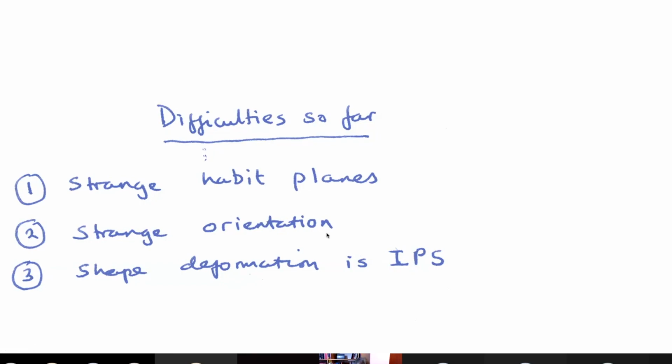You can measure a small angle between them, and similarly for the close-packed directions. And we have to demonstrate that this shape deformation, which is an invariant plane strain, is consistent with the crystal structures and also leaves one line completely coherent between the martensite and the austenite.